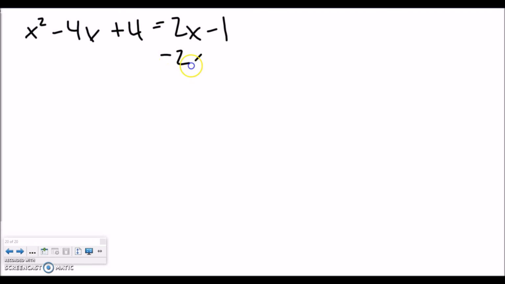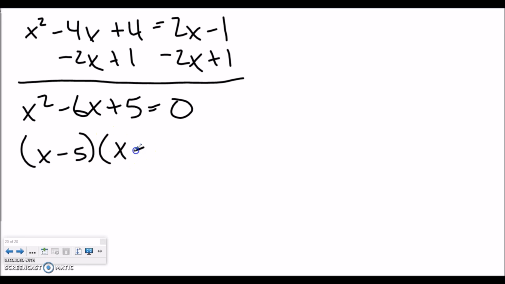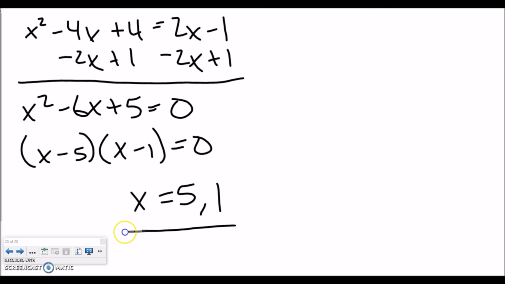Set it equal to 0, so subtract 2x from both sides and add 1 to both sides. That tells me x squared minus 6x plus 5 equals 0. How does that factor? That factors x minus 5, x minus 1, so x equals 5 and 1.